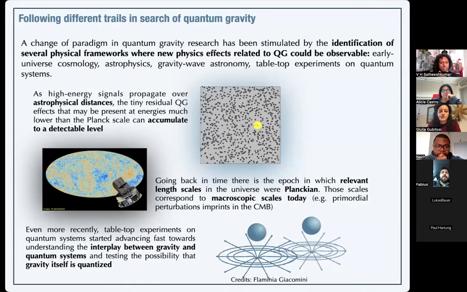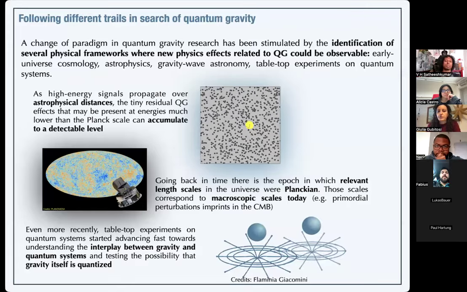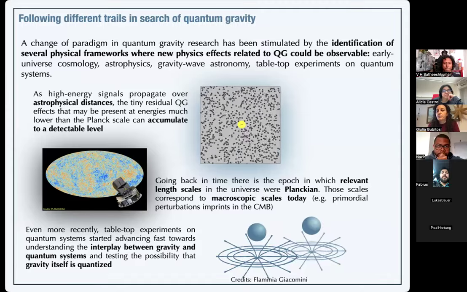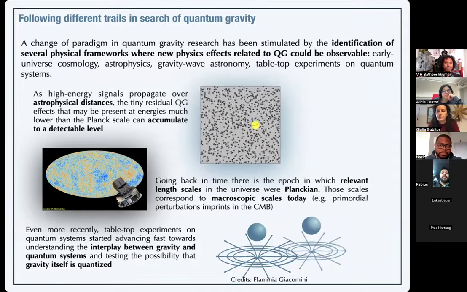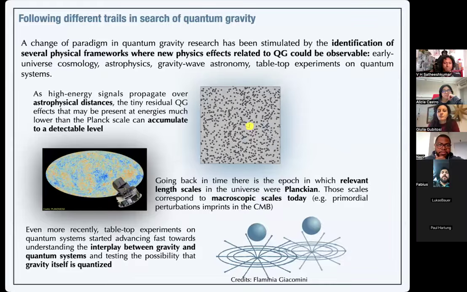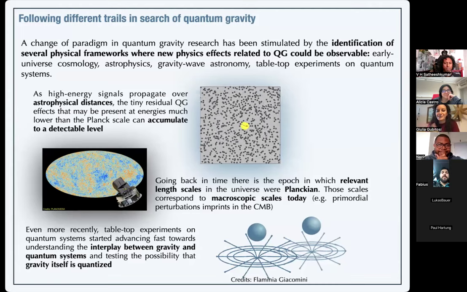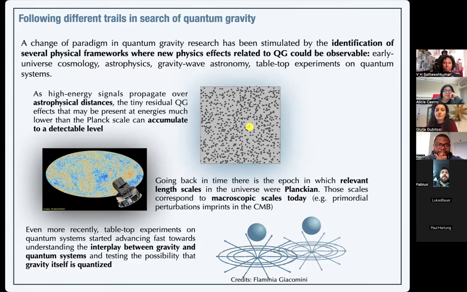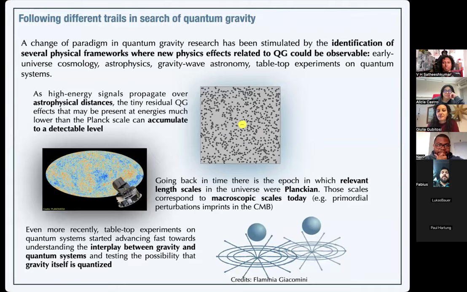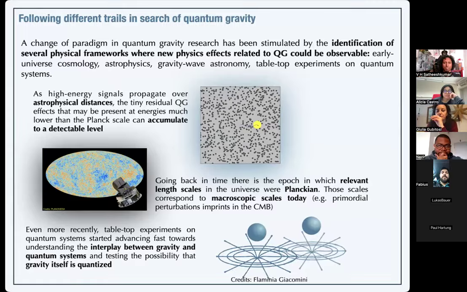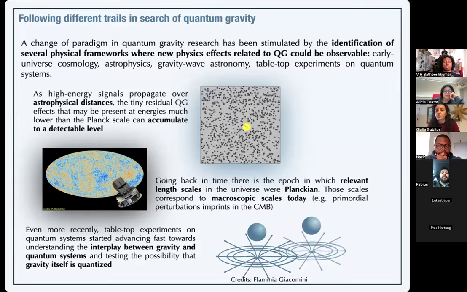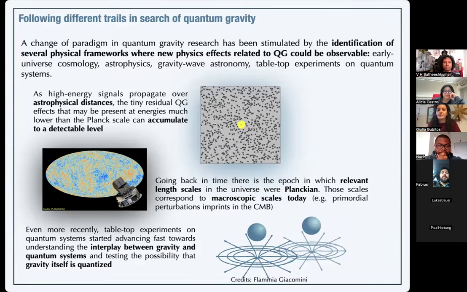And here, this is just a little preview about what is coming in the next lectures. I was saying that now we talk about quantum gravity phenomenology. Why did we start doing that? It was not just out of desperation. There is also desperation, but it is mainly because people have started to realize that there are frameworks where one could see quantum gravity effects without necessarily producing Planck scale, Planck energy particles, okay? Or without necessarily going close to a black hole of Planckian size.